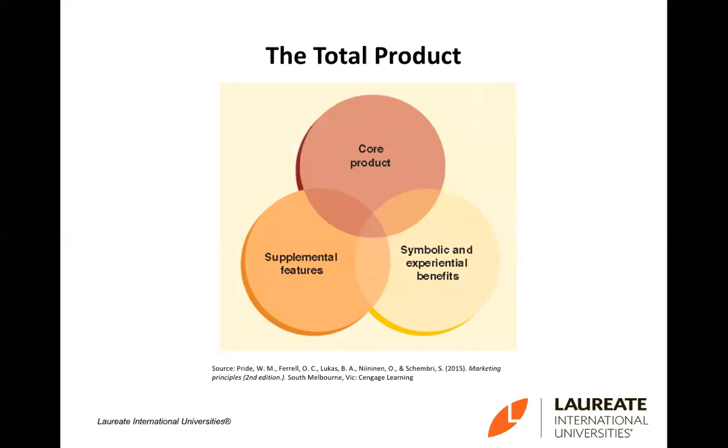I'd like us to understand the concept of total product. The total product concept actually includes a few points. The first one is the core customer value, or core product. This reflects what the customers are really buying.